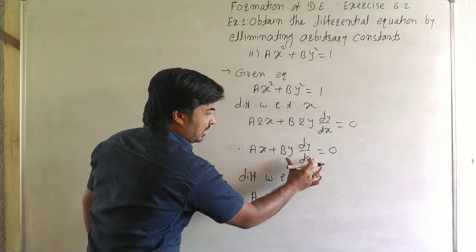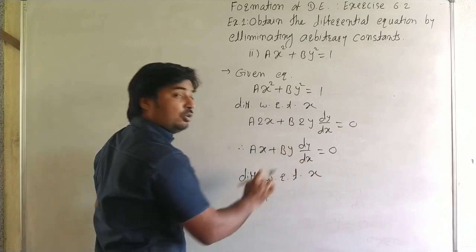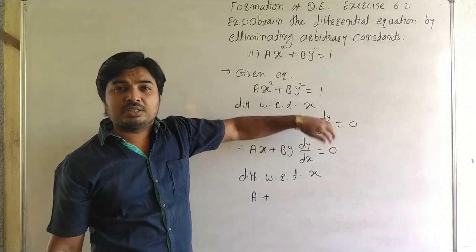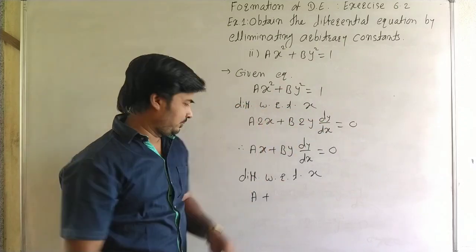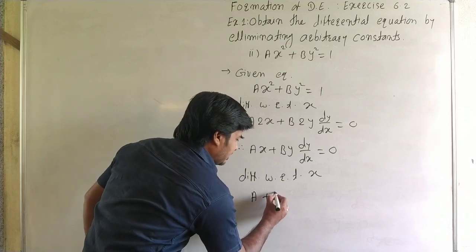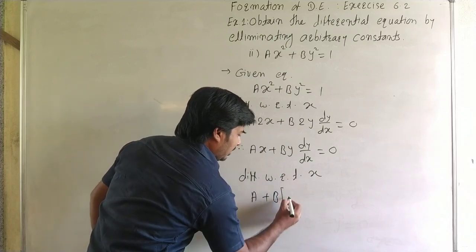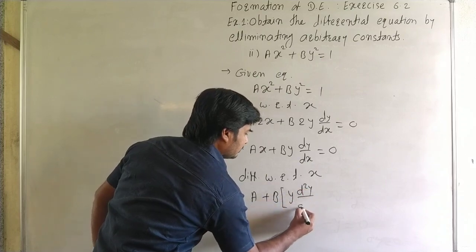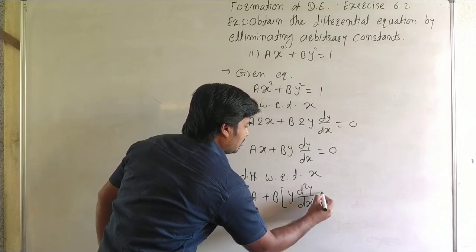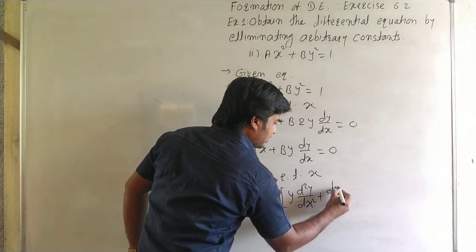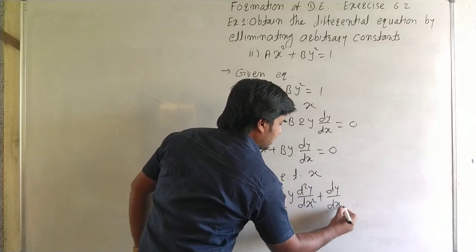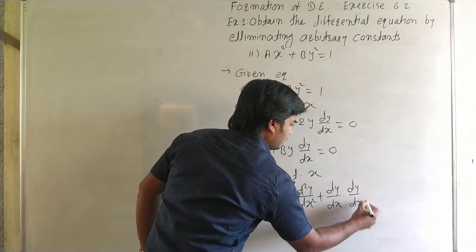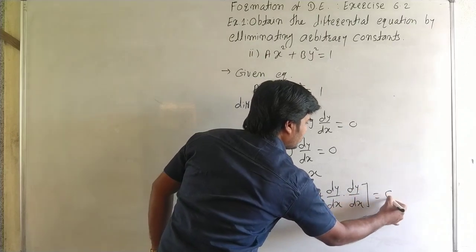Here b is a constant, but here we differentiate y into dy by dx. These both are functions, y into dy by dx. Here we use u into v. Okay, here b as it is, first as it is, derivative of second, plus second as it is, derivative of first, is equal to 0.